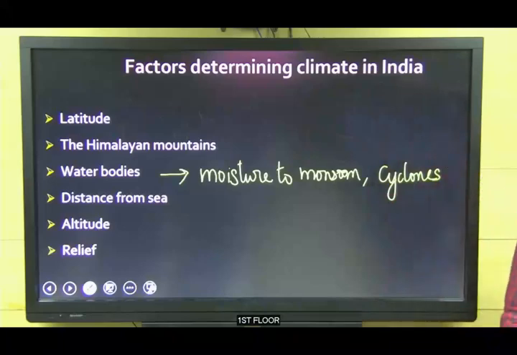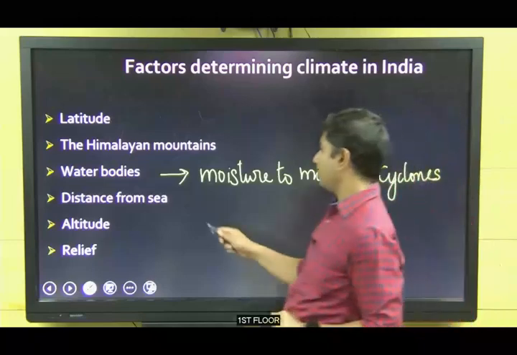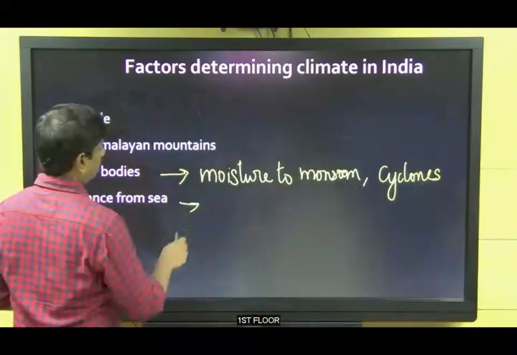They also play a role in cyclone formations, and these cyclones also bring rainfall to the peninsular India, especially the coastal side. And then the distance from the sea, that is also a factor.